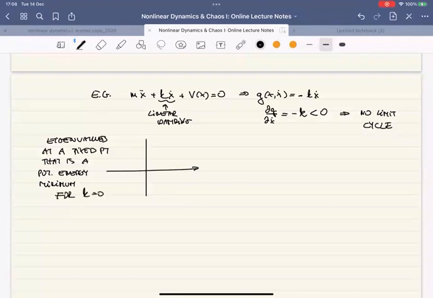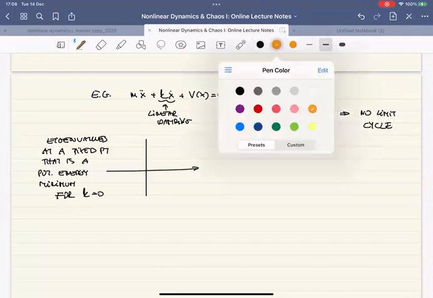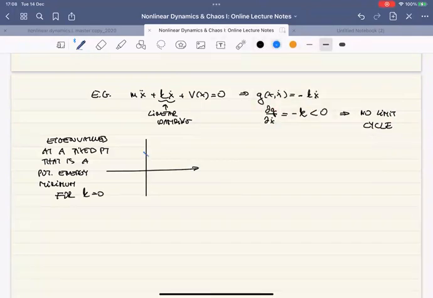Suppose I cross out the damping for a second and remember the plots: if the potential energy has a minimum, then that's a center. So right there at k equals 0, you will have a pair of eigenvalues for such systems. This is the k equals 0 case. What I'm showing here is the real part of the eigenvalues, and this is the imaginary part. For all these systems with a potential energy minimum, your eigenvalues reside here.